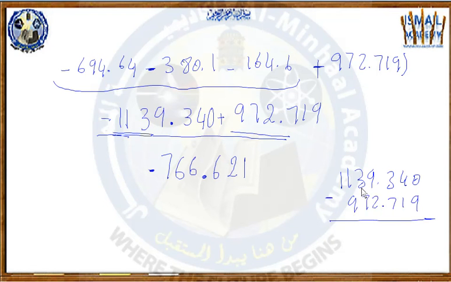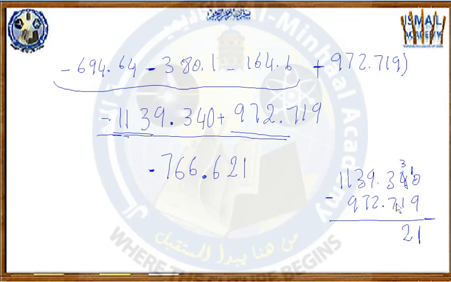Then here we have 0, and this is 9. So I put 3 here and I borrow 10. I put it here. So I have 10 minus 9, which is 1.